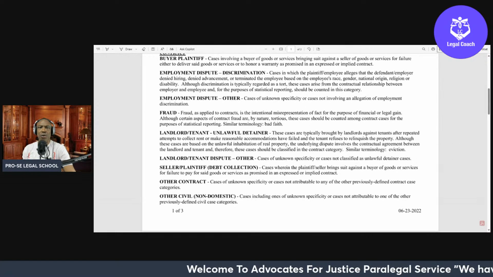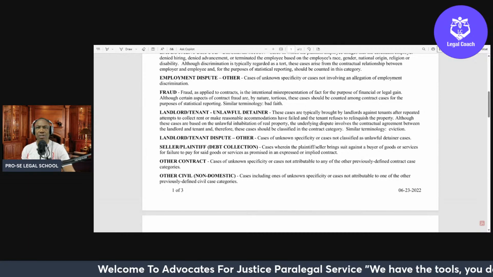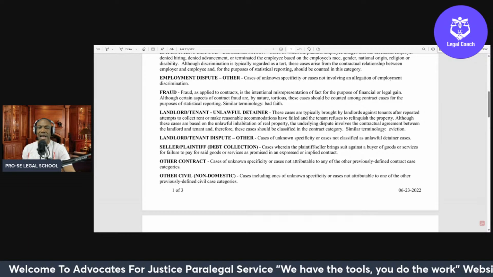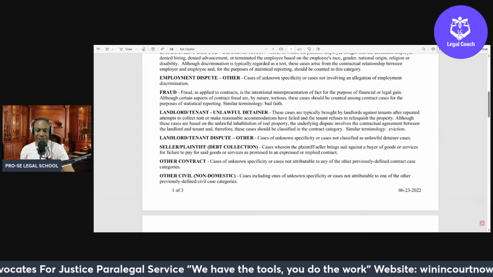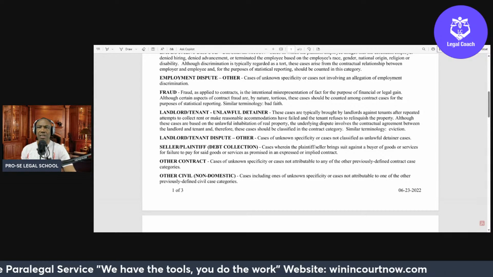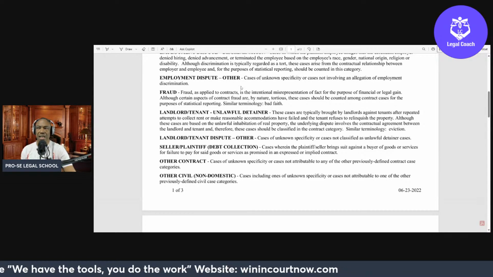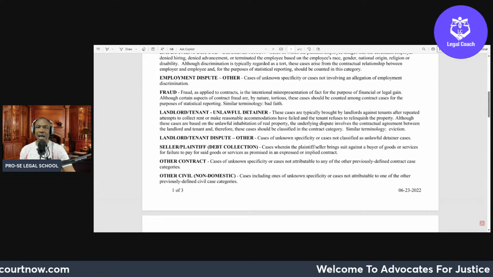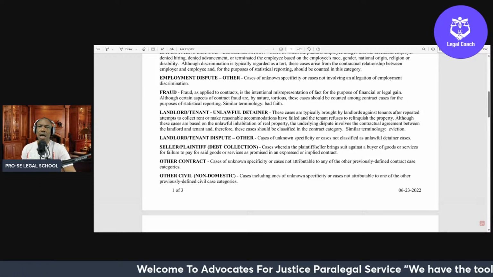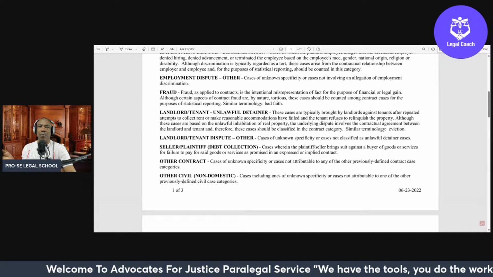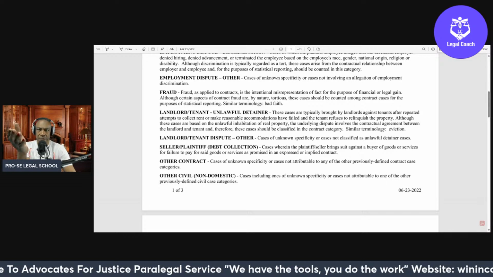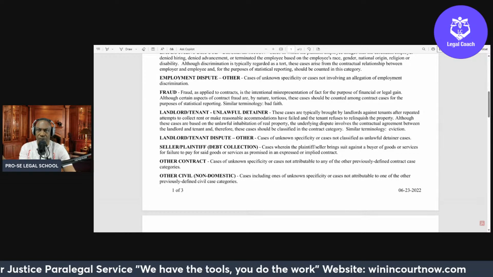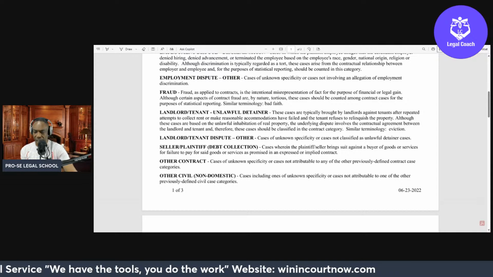Landlord tenant, unlawful detainer. Now we're getting to the good part. These cases are typically brought by landlords against tenants after repeated attempts to collect rent or make reasonable accommodations have failed. Wait, they don't mention this is the same thing they do for foreclosure, the unlawful detainer.